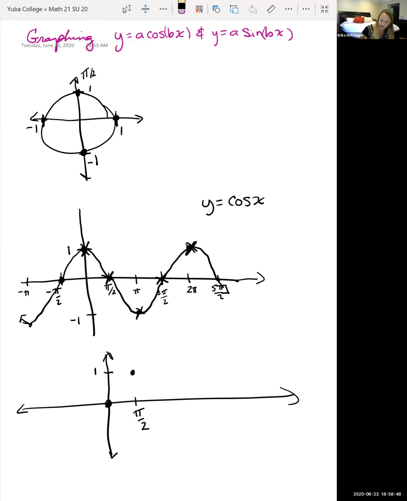Going to pi, our y value on the negative x-axis is 0. At 3 pi halves, our y value goes down to -1. And at 2 pi, sine is 0. Here is a sketch of one period of the graph of y equals sine of x.